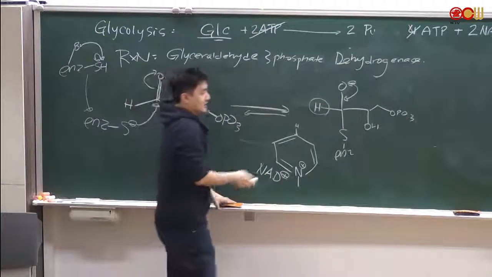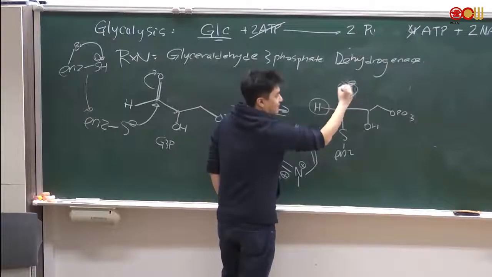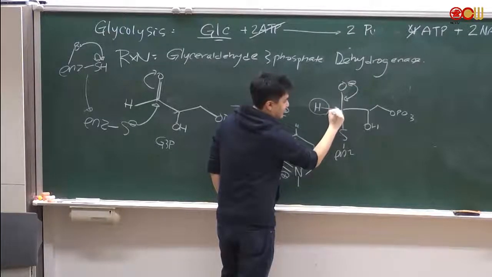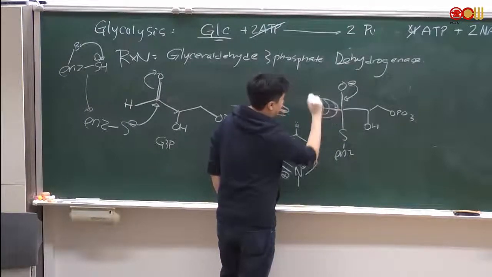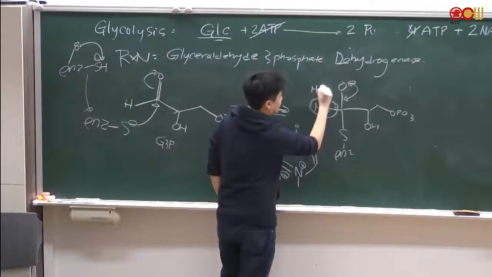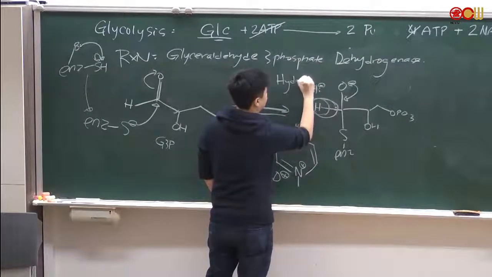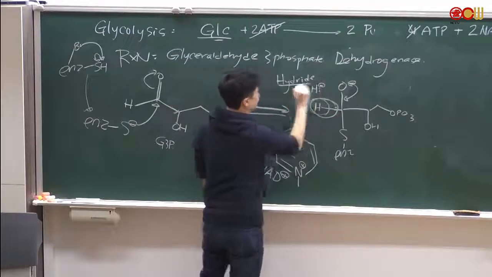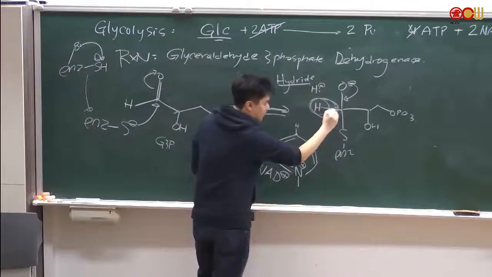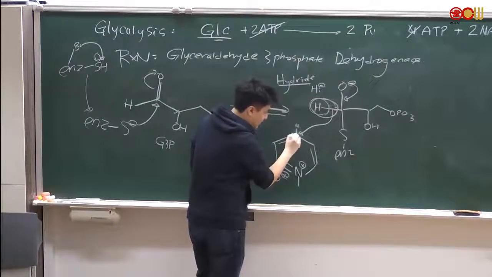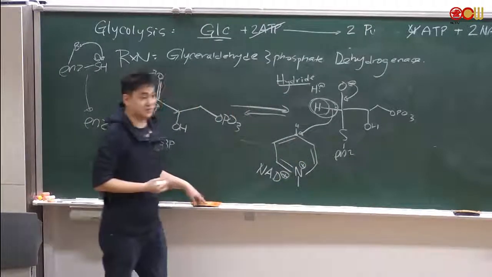Now, as the electrons from the oxygen collapse back down to form a carbonyl, the 2 electrons here with the hydrogen together will move as an H minus. This is called a hydride. So you're going to do a hydride transfer where the electrons are going to attack this particular carbon on the NAD+.